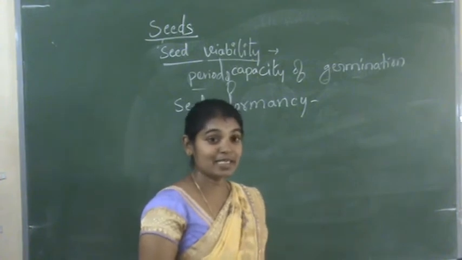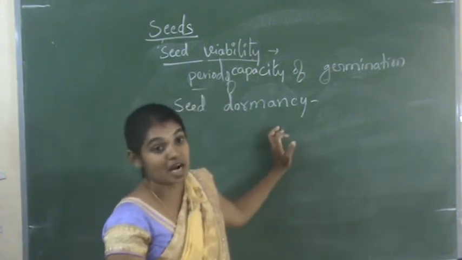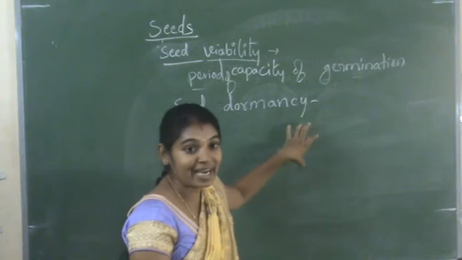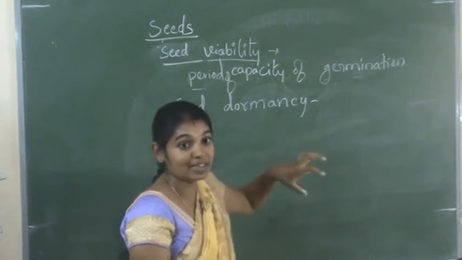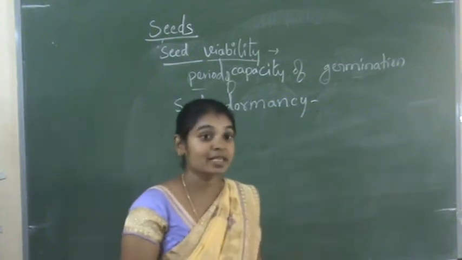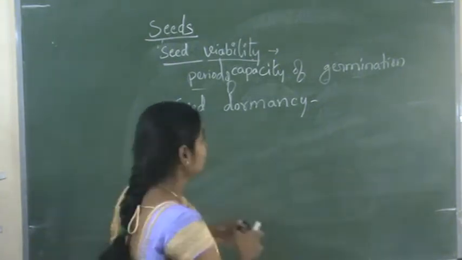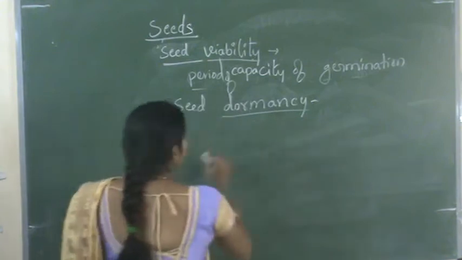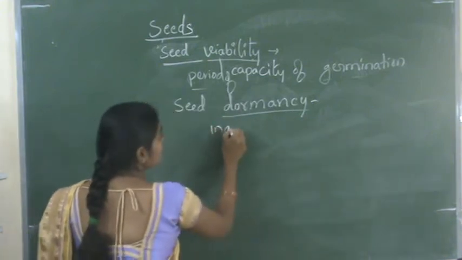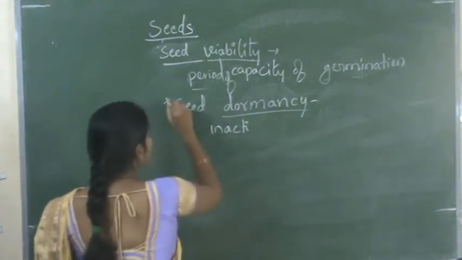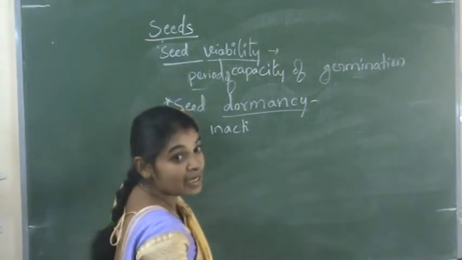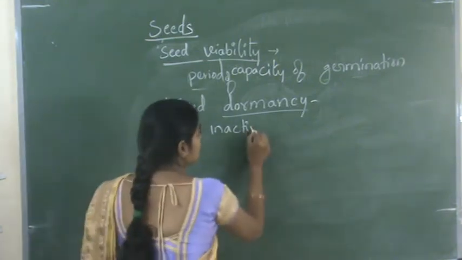When favorable conditions occur, the seed starts to germinate. When the seed undergoes the inactive state, that condition is called dormancy. It is very important to remember seed viability and seed dormancy.